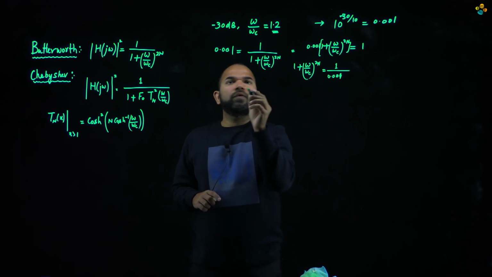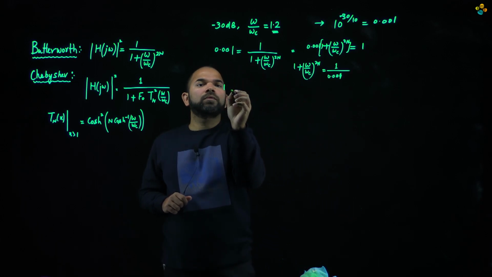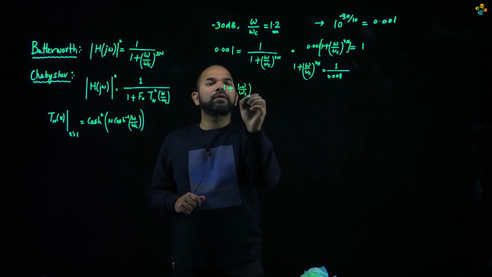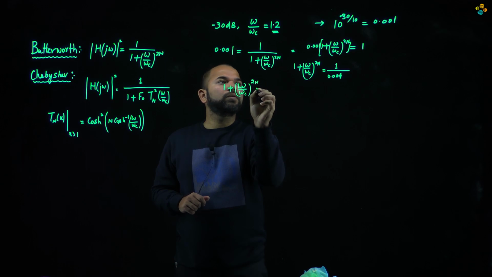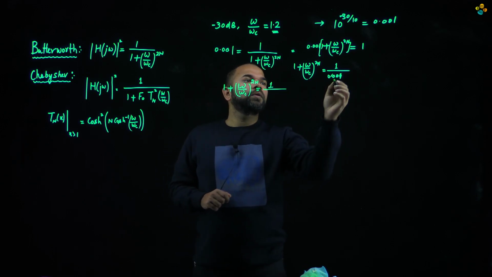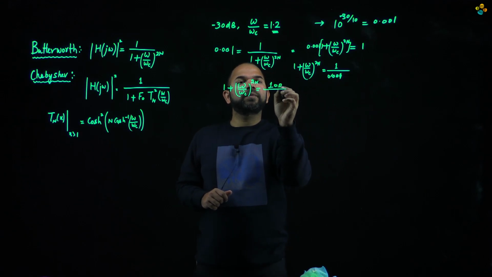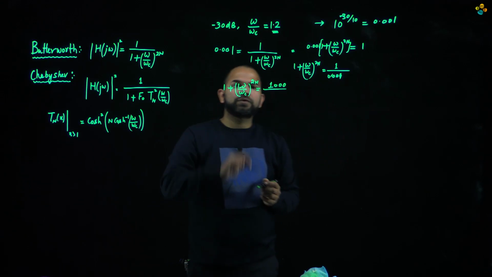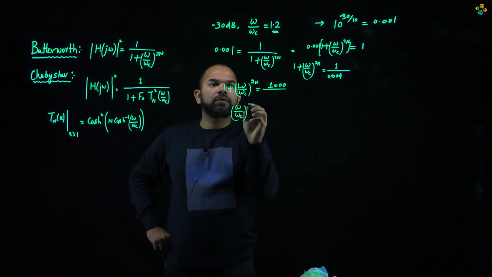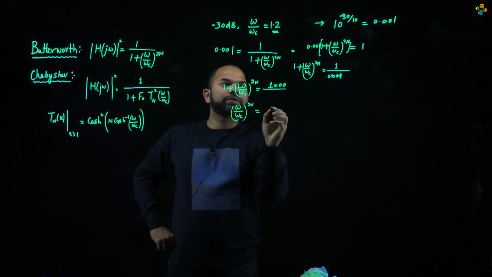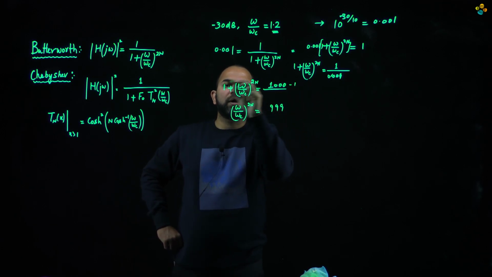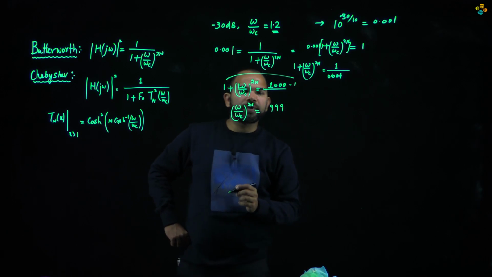Again we simplify this: 1 plus omega upon omega c to the power 2n becomes 1000. Solving for this, omega upon omega c to the power 2n equals 999, because the 1 is subtracted from both sides.